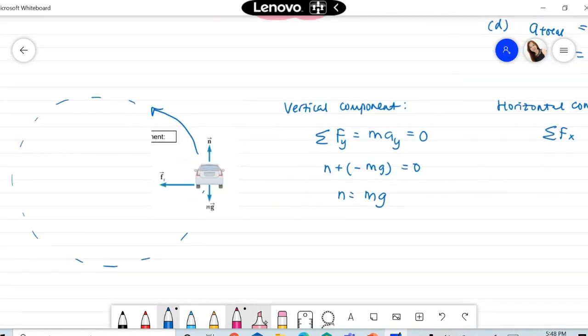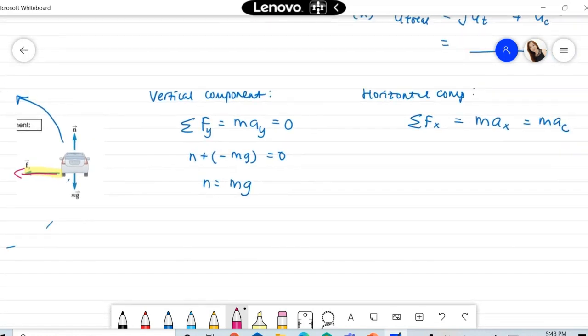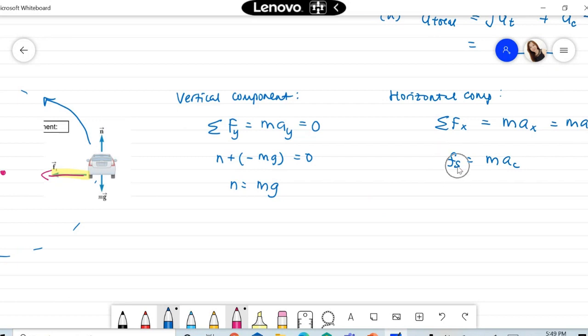Why is it x? Because it's along the x-axis and it is towards the center of the circle. This is the center of the circle. So this Fx is towards the center of the circle, right? So the summation of Fx will be equal to the static friction force, which is equal to mac. There's only one friction force. I have fs equals mac.